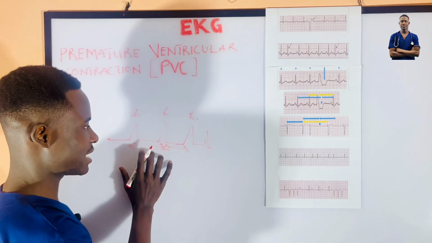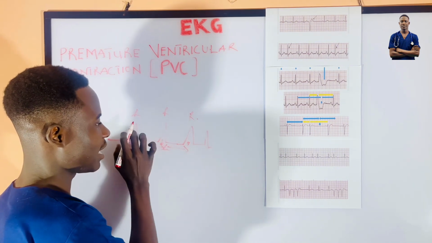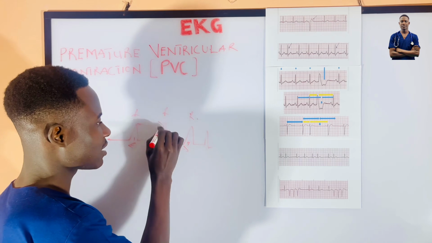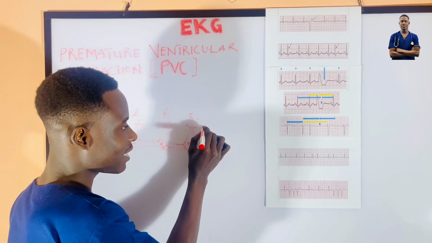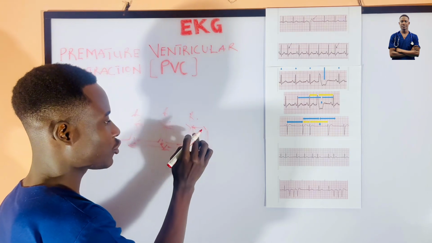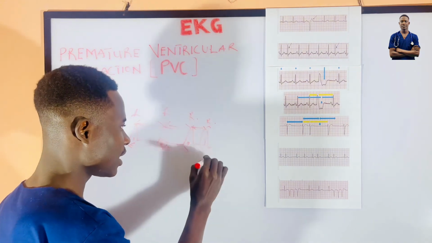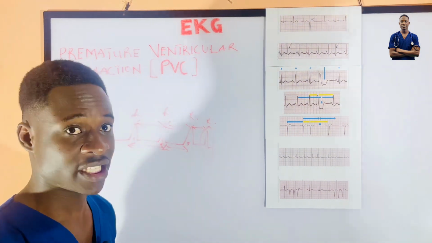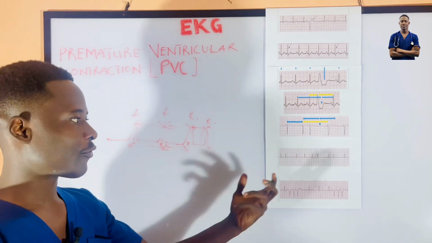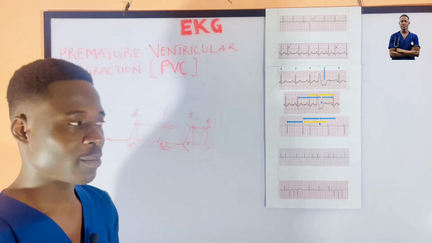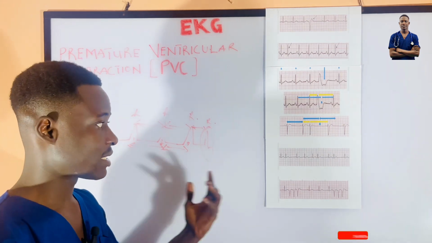So assuming this R1, R2, R3, they are normal, and the intervals are also regular and normal. But after that, we see that there's a short RR interval. That means this QRS complex generated is from the impulses generated by the ventricle on its own without following the sinus node.